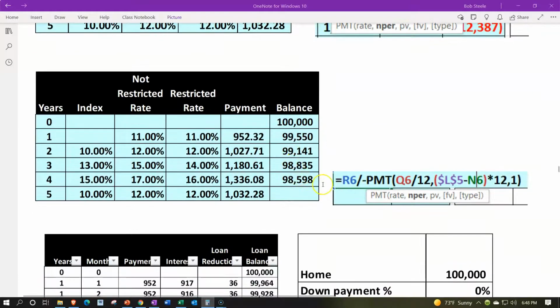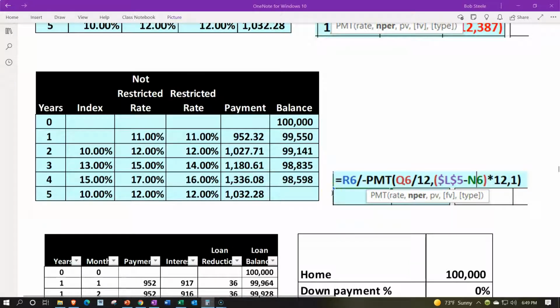That gives us the 1336.08. We can then calculate the ending balance with a formula and or with the tables, which would be R6 representing the payment amount divided by the payment PMT brackets, the rate being the 16% divided by 12, comma, then the years, L5, absolute reference representing the 30 years, minus N6 representing the 4, brackets times 12 to get to the months, then comma, present value 1, giving us the 98598.